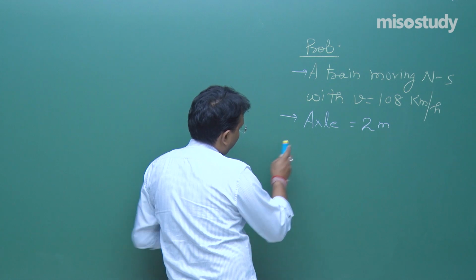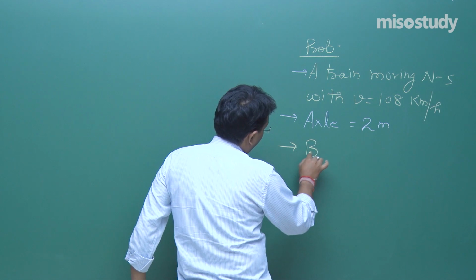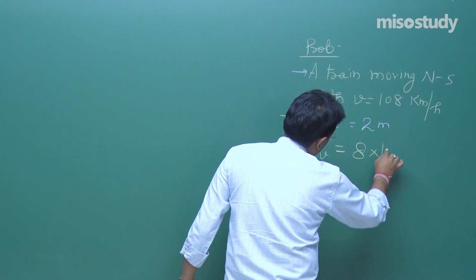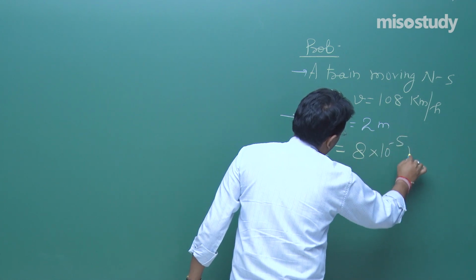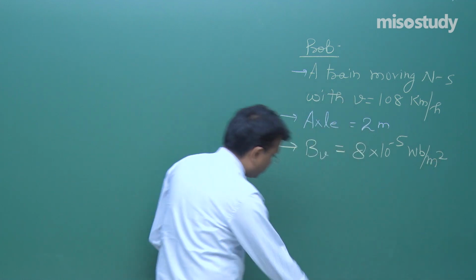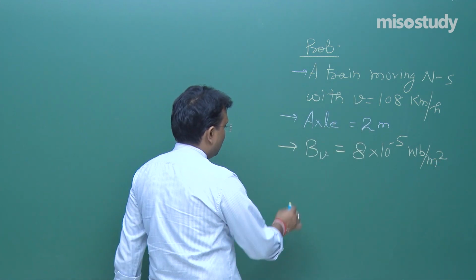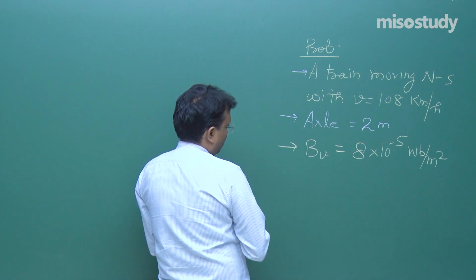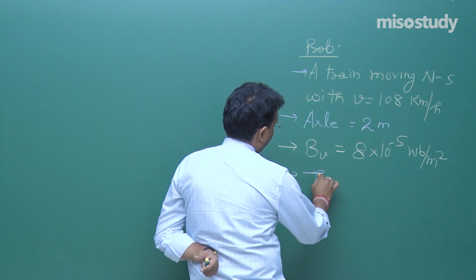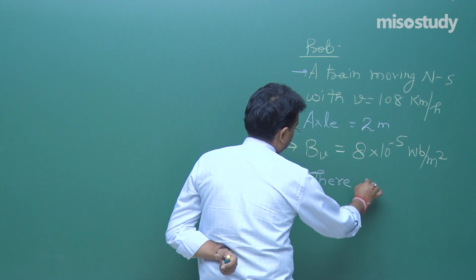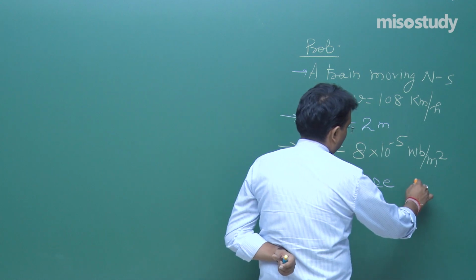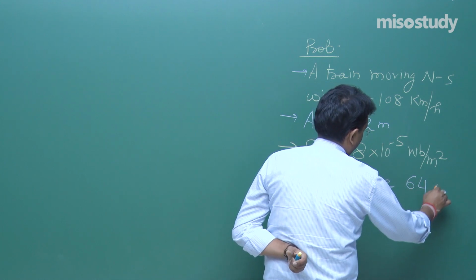And the third fact is B equal to 8 into 10 to the power minus 5 Weber per meter square. Fine. And the final fact is, there are 64 axles.